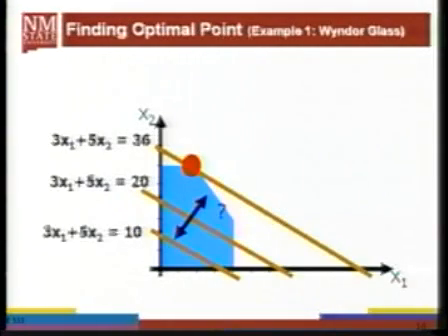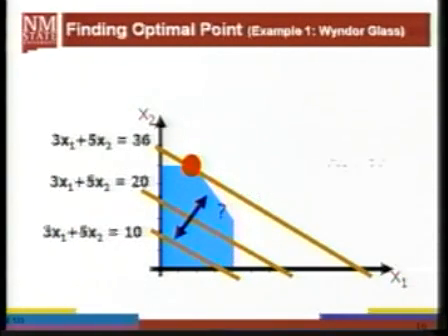So graphically, it is easy to see which constraint is binding and non-binding. For this optimal point, this constraint, x1 is less than or equal to 4, is a non-binding constraint. That is, if there is a gap between the line and the optimal point, then the corresponding constraint is non-binding, okay?